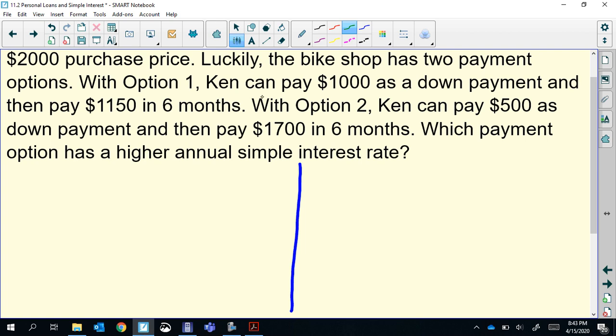So on option 1, he's paying $1,150 for the other $1,000. Since it's $2,000, he's paying half of that up front, which means our interest is $150. The principal is $1,000.